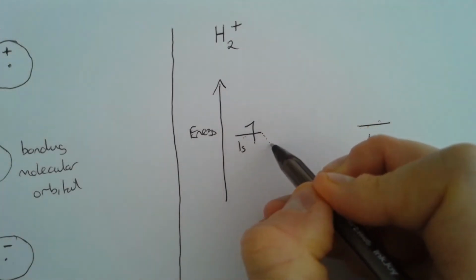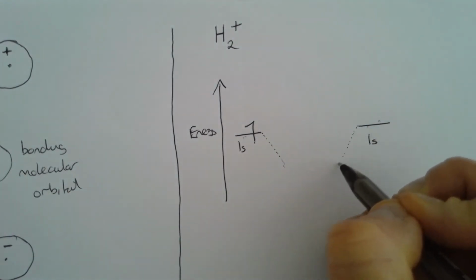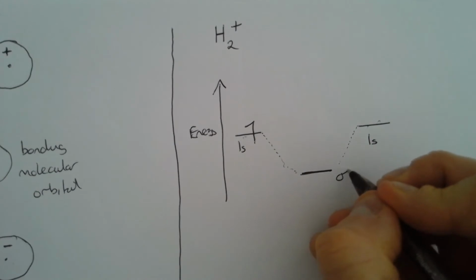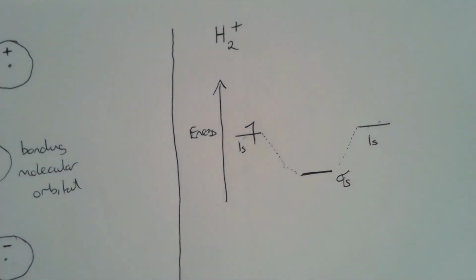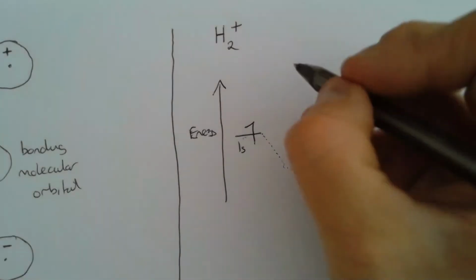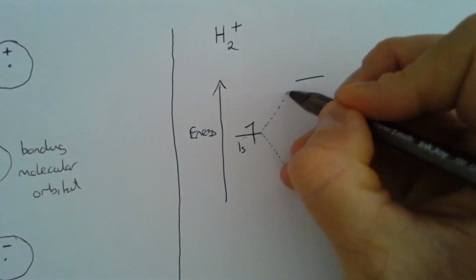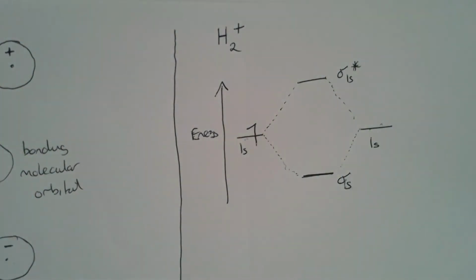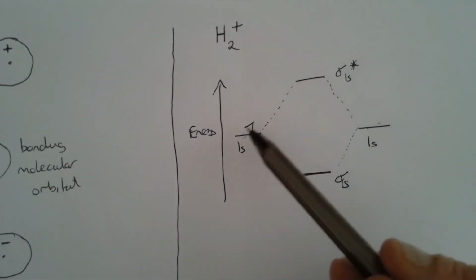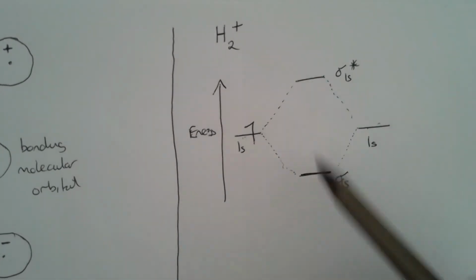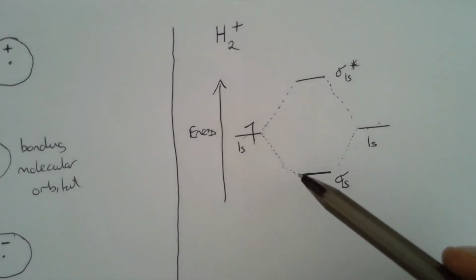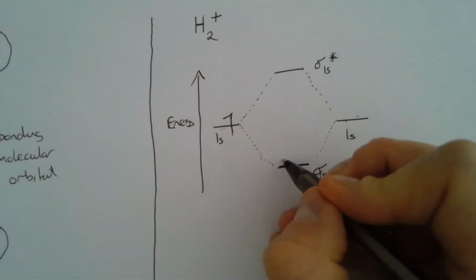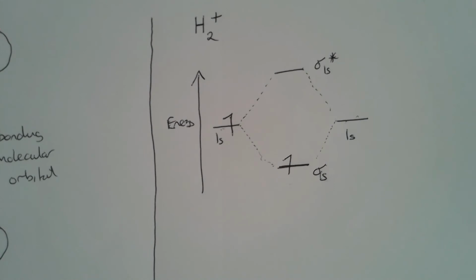So when these two bond together, we form a new sigma s, or sigma 1s in this case, bonding orbital, but there will also be a sigma 1s star anti-bonding orbital, to show that's anti-bonding. The electrons, when they move into the molecular orbitals, are always going to occupy the lowest energy state first. So this electron is going to go into this orbital here.